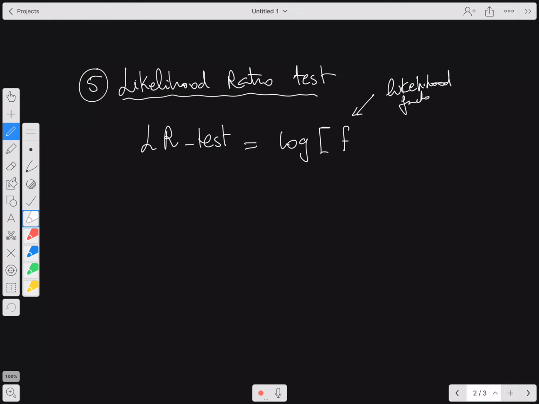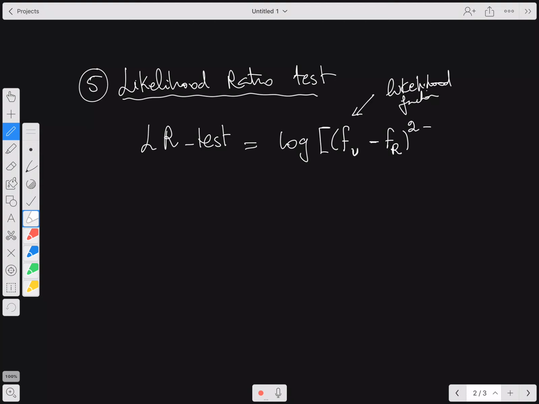This one is the unrestricted or the full model minus the likelihood function restricted, and to make it have a chi-square distribution, it's squared.